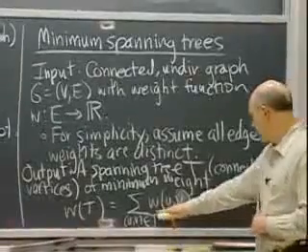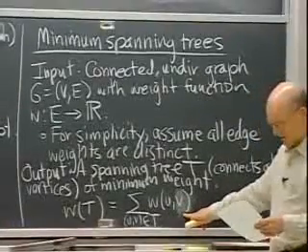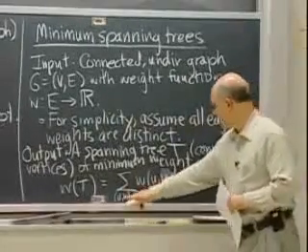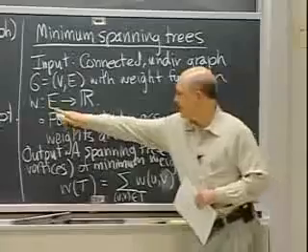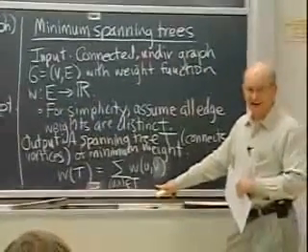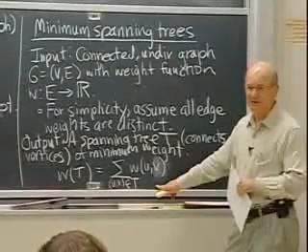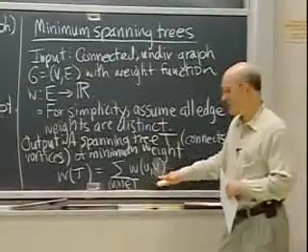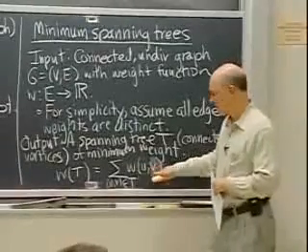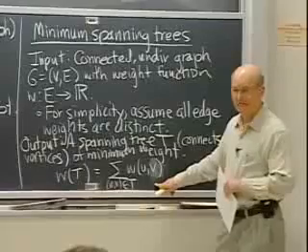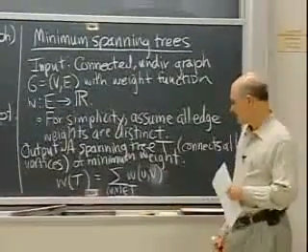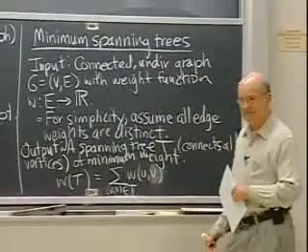Here I've done a little bit of abuse of notation. What I should be writing is W of the edge (u, v), because this is a mapping from edges, which would give me double parentheses. As you know, I love to abuse notation. So I'm going to drop that extra parenthesis because we understand that it's really the weight of the edge, not the weight of the ordered pair. It's just a notational convenience.